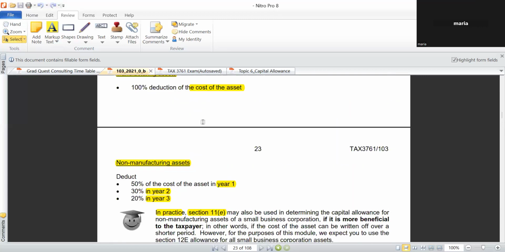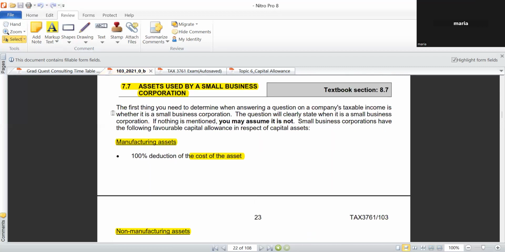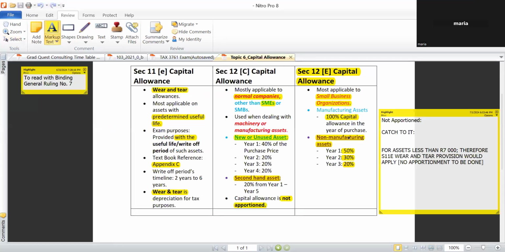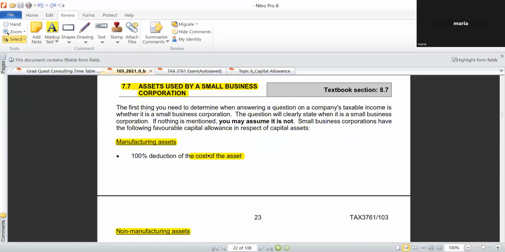Yeah, because here they were dealing with section 12E assets, whereby the taxpayer in question is a small business corporation or small business enterprise. So what would happen is exactly as I had summarized it for you. For manufacturing assets, SARS would give you 100% claim on the cost price of that asset as your capital allowance.